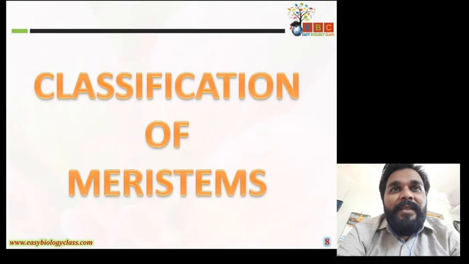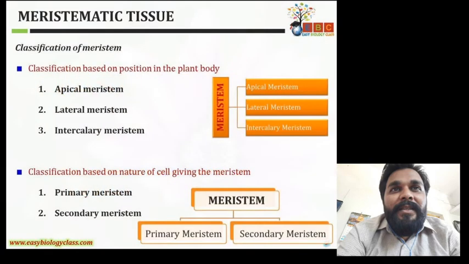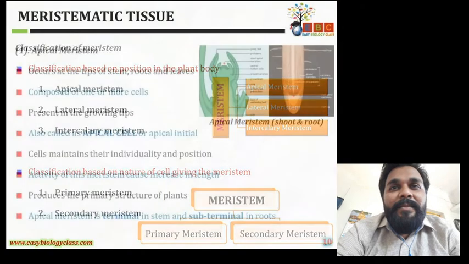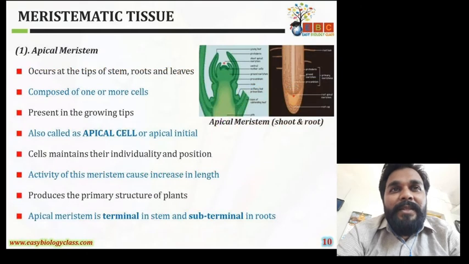Then classification: generally they are classified into three types, that is apical meristem, lateral meristem, and intercalary meristem. In case of apical meristem, these are some characteristics: they are generally composed of one or more cells, with the presence of growing tips, apical cell regions.